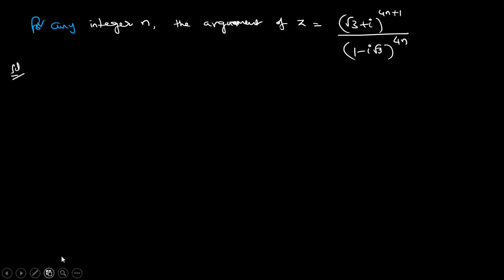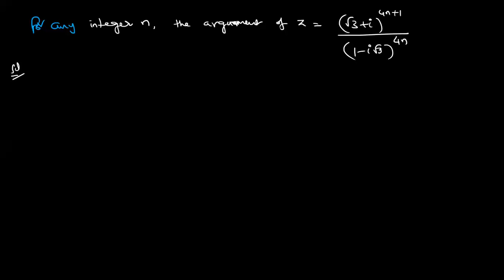These questions were already discussed here 6 months before. You can see the YouTube channel. For any integer n, the argument of z is root 3 plus i whole power 4n plus 1 by 1 minus i root 3 power 4n.